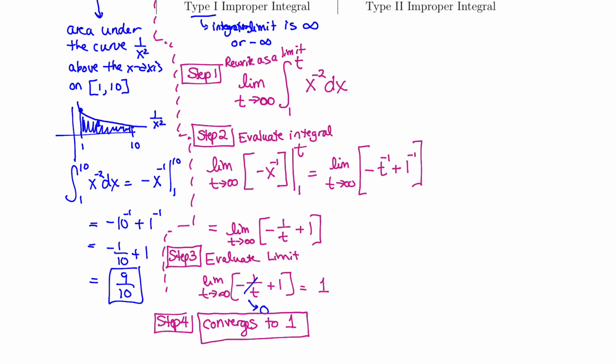That means the area underneath that curve converges to the value of 1. It is a finite value, and even though this curve is going forever and ever, never touching the x-axis, the area underneath that curve becomes a finite value. So we say it converges to 1.